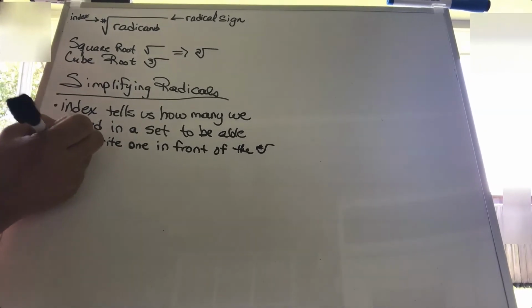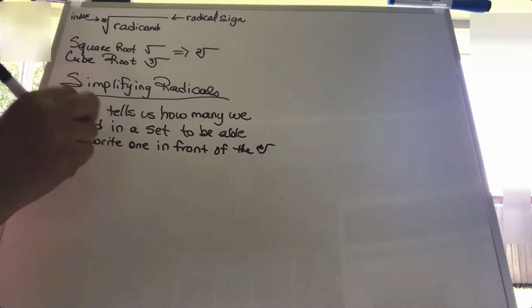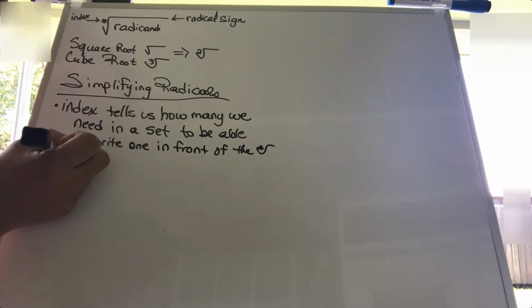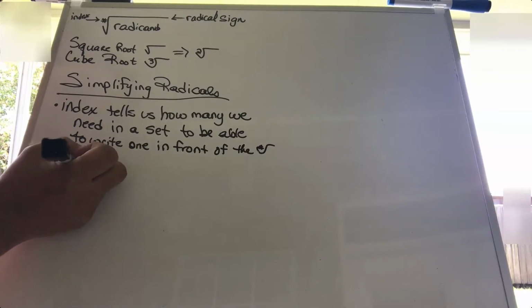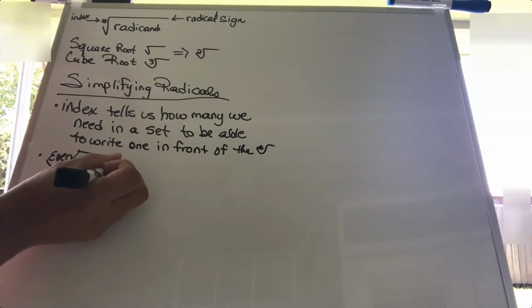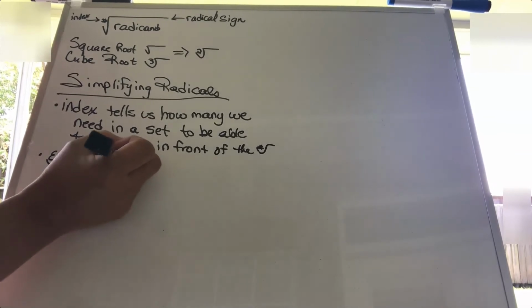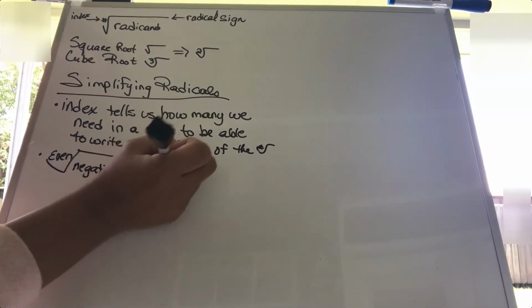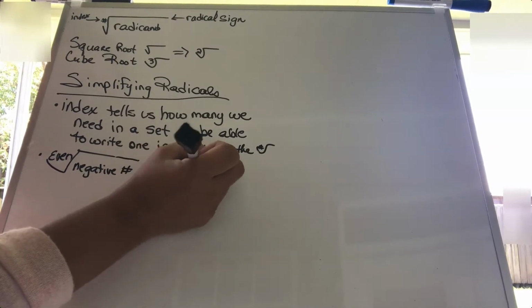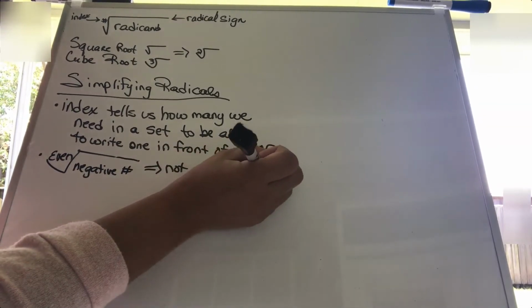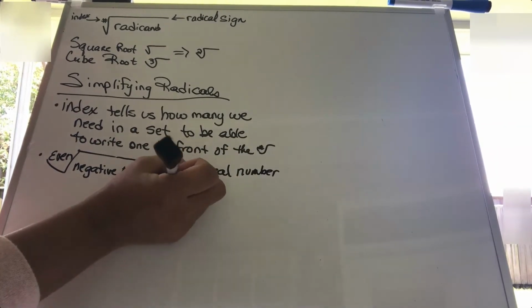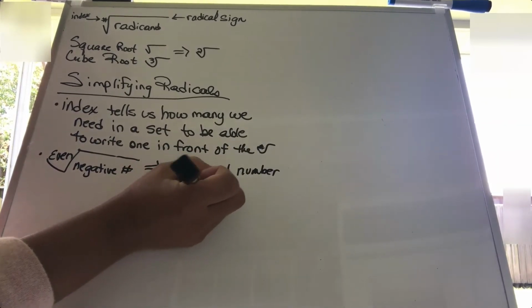We said for the exponents, oh, let's go back some. We said when we had an even root and you had a negative number, we said that was not a real number. We called it imaginary.